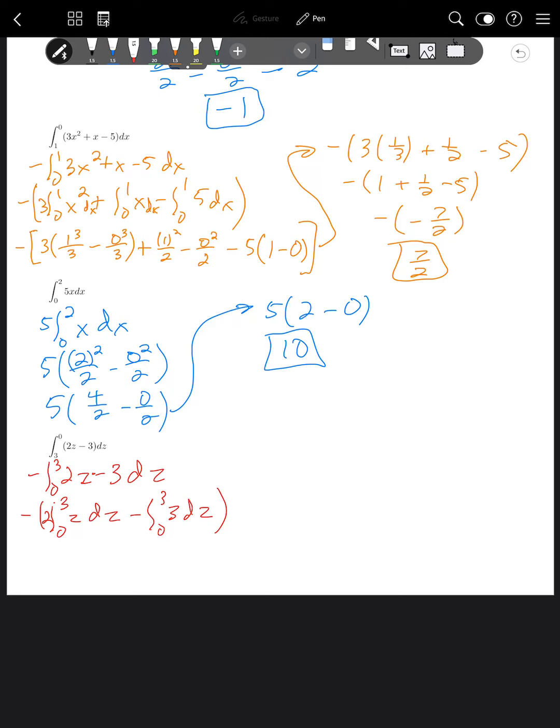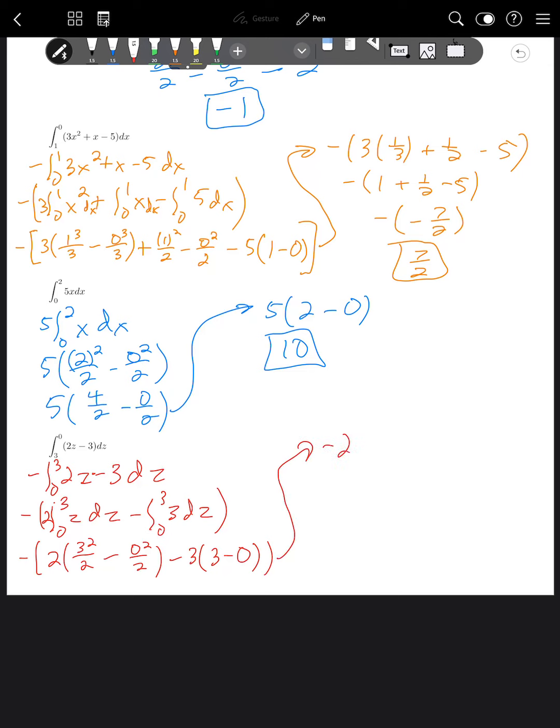So the integral of z is b squared over 2 minus a squared over 2. So b is 3, so 3 squared over 2 minus 0 squared over 2. And for a constant, we just take the constant times the size of the interval, so negative 3 times 3 minus 0. Now we simplify.